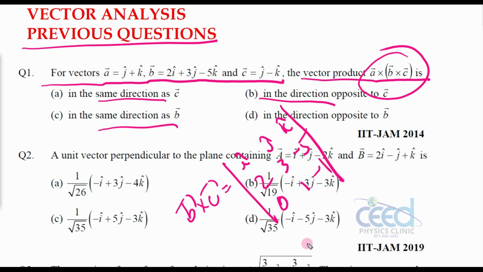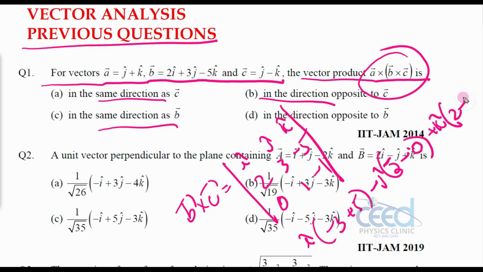When I solve this, that is I cap into minus 3 plus 5, minus J cap into 2 minus 0, and plus K cap into 2 minus 0. So this is equal to 2 I cap plus 2 J cap plus 2 K cap, right?